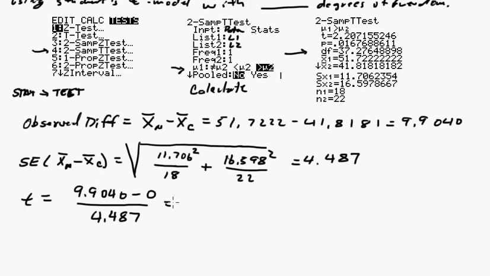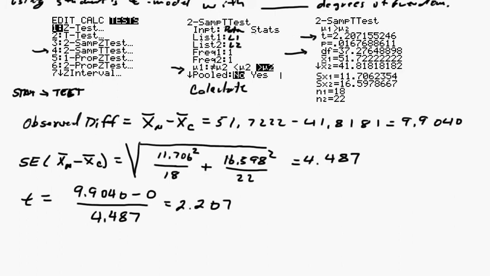And let me just check. 9.9040 divided by 4.487 is 2.207, and there it is, right there.